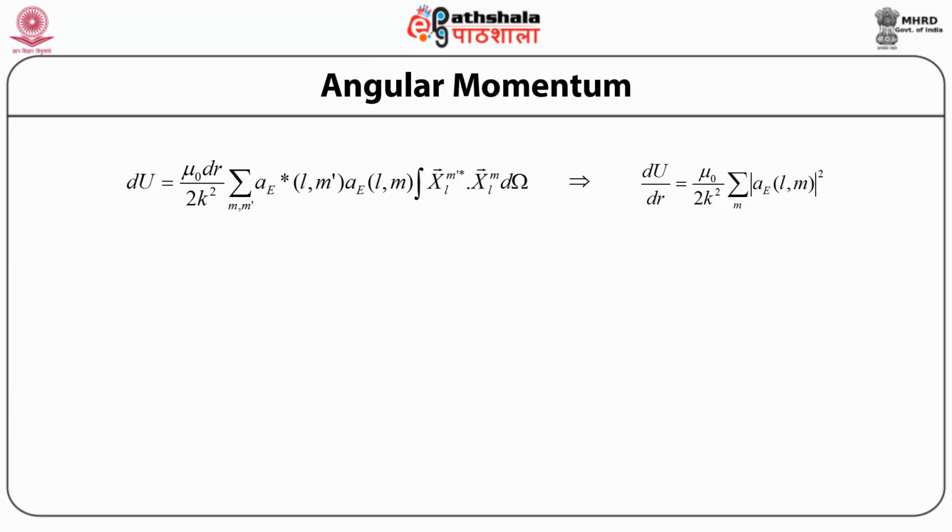This implies that du by dr is equals to mu naught divided by 2k square summation m of mod ae as a function of Lm square.